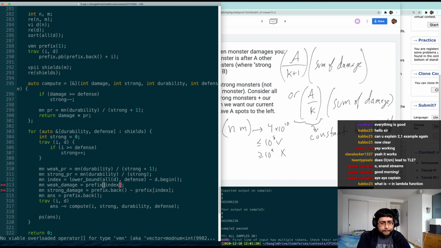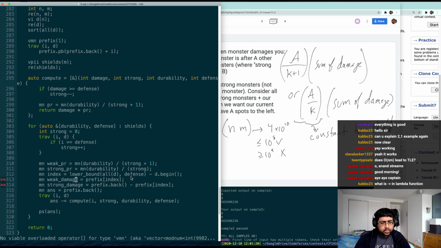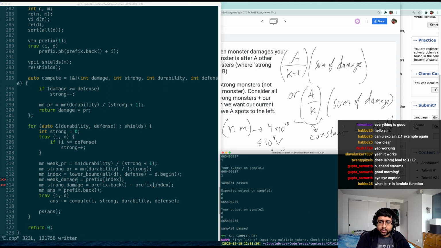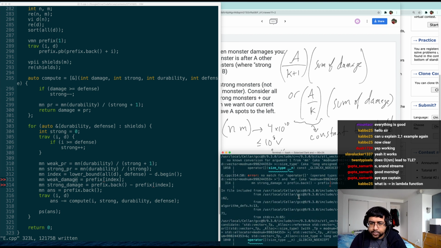Wait a second. What did I do wrong here? Oh, mod num should be an int. All right, cool. So these are unused. Okay.